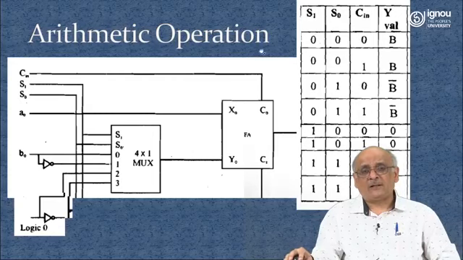Now, this is a typical arithmetic unit. If you remember the full adder circuit which we had designed, we created a 4-bit ripple adder. It looks like the same circuit, except we have added a multiplexer here.